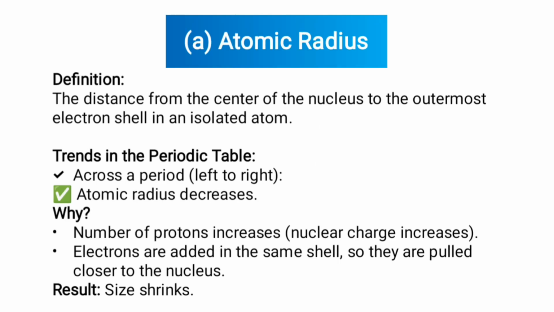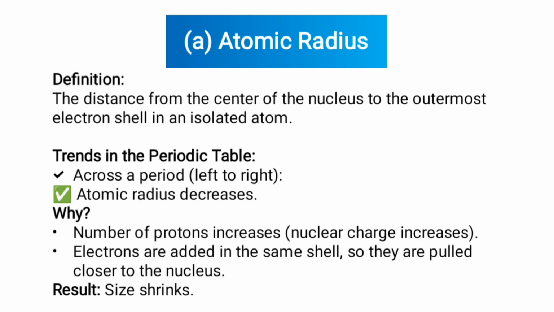Now, atomic radius. Atomic radius is the distance from the center of the nucleus to the outermost electron shell in an isolated atom. Trends of atomic radius in the periodic table. Across a period, left to right, atomic radius decreases.